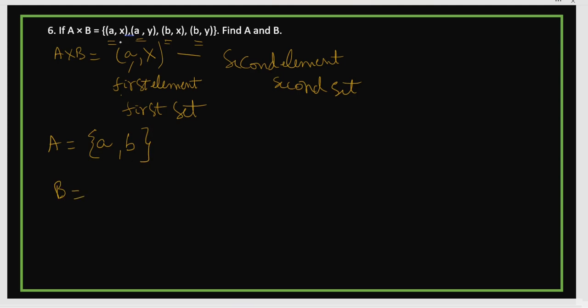All the second elements: X, X, Y, Y. X we have already written and Y also, so we'll write once. These are the two sets A and B. Simple, right? First elements belong to the first set, second elements belong to the second set in the ordered pair. That's the concept. If you understand that, this is very simple.